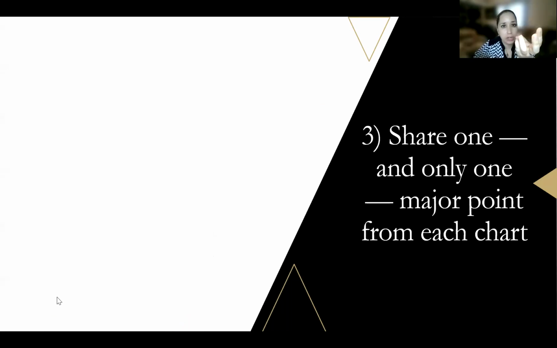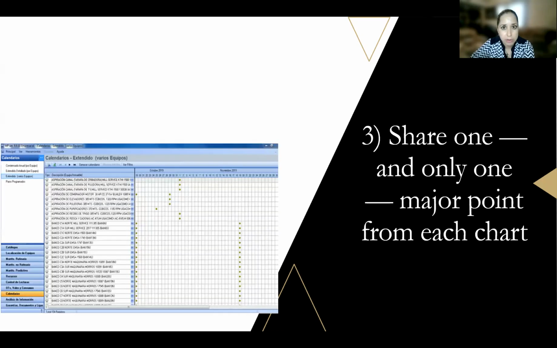From each chart or graph, from each image, or whatever way you present the data as a collection, you should share just one point. Because when you see things like this, I'm going to show you the example here. This is also from another investigation that we participated in.